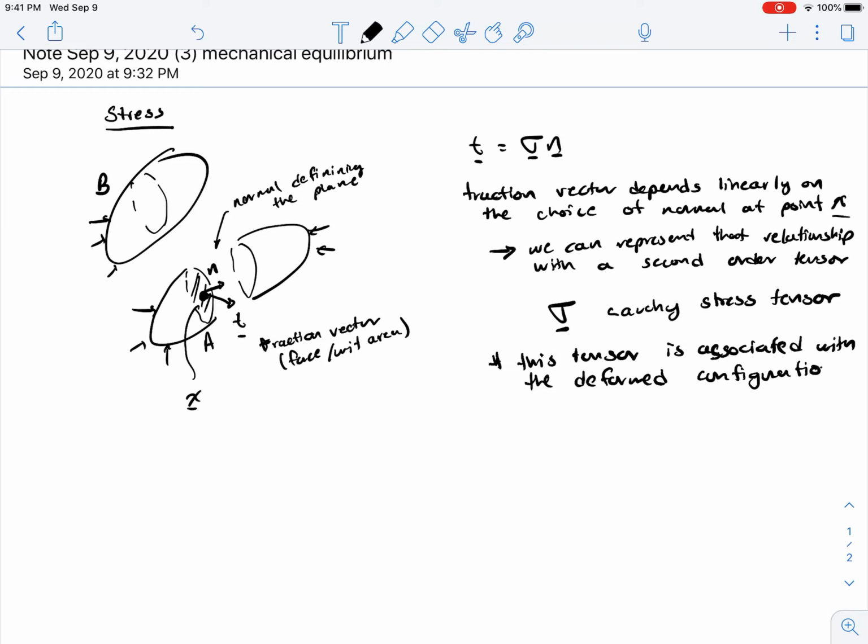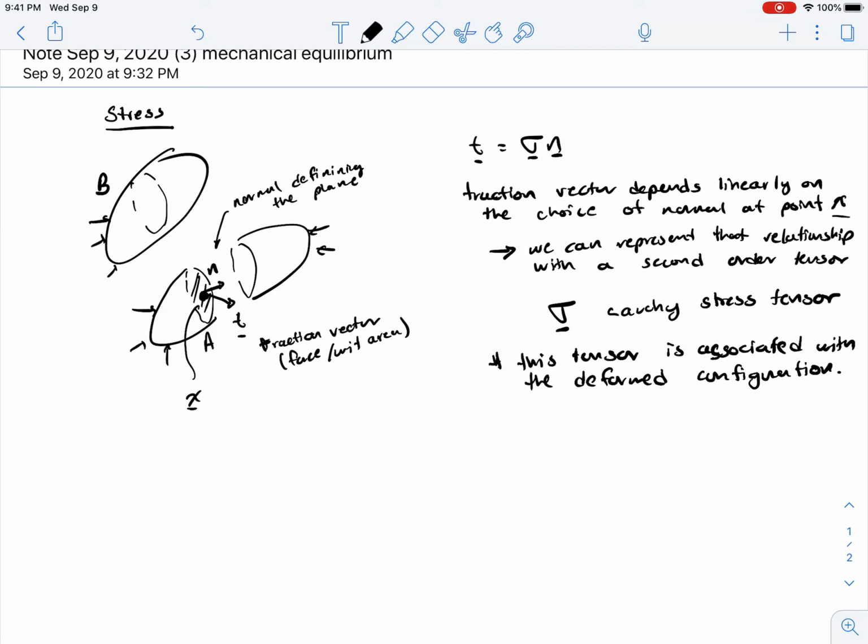Keep this in the back of your head, because in the previous lectures where I've described different tensors to describe strain, to describe deformation, even vector fields like the velocity and the acceleration, we can describe them in the reference or the deformed configuration. This tensor, the Cauchy stress tensor, is associated with the deformed configuration, or current configuration.